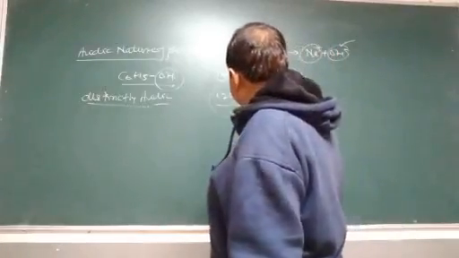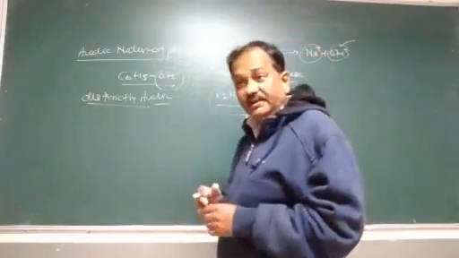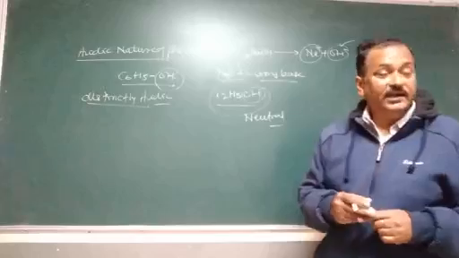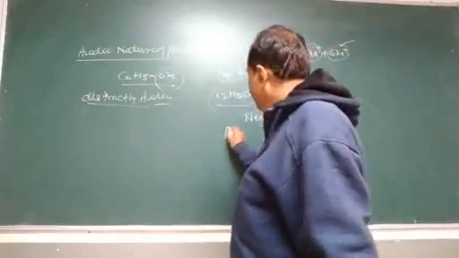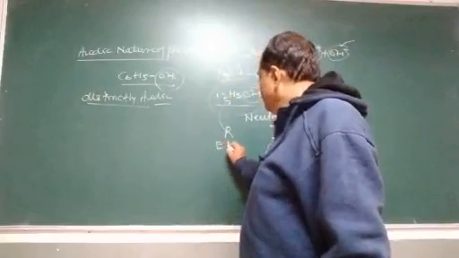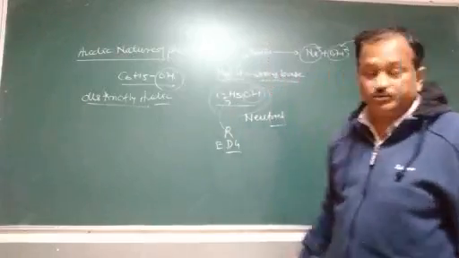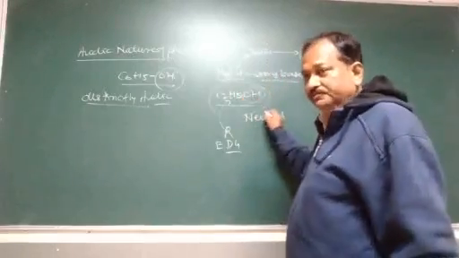Now coming to alcohol. In class 11 we have read about the alkyl groups. Alkyl groups are electron donating in nature, electron releasing. So it releases the electron. What happens?